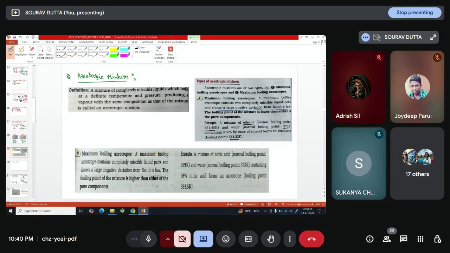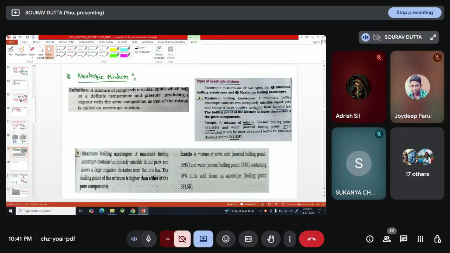So the boiling point of the mixture is lower than either of the pure components. The mixtures which show positive deviation from Raoult's law are called minimum boiling azeotrope. And there is a property that if a mixture is an azeotropic mixture, a minimum boiling azeotrope, then the mixture boils at a temperature which is less than the boiling point of the individual components, like pure ethanol or pure water.